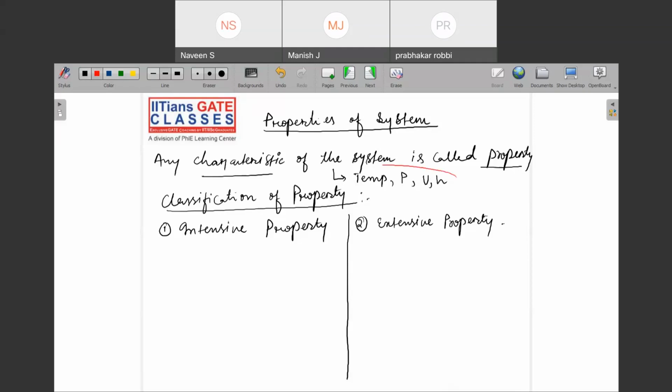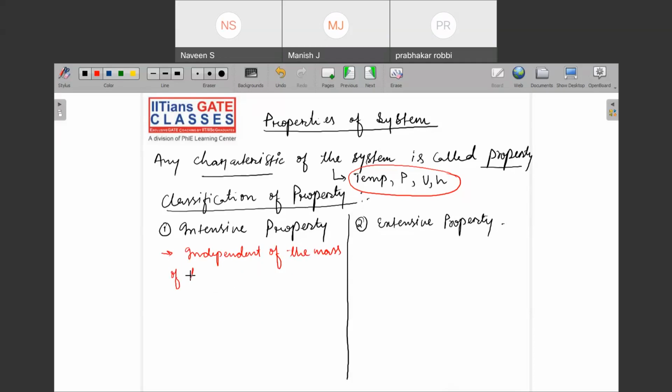So these are called properties. Okay, then these are defined as intensive or extensive based upon whether they are dependent on or independent of the mass. So what is an intensive property? Intensive properties are those properties which are independent of the mass. Independent of whose mass?